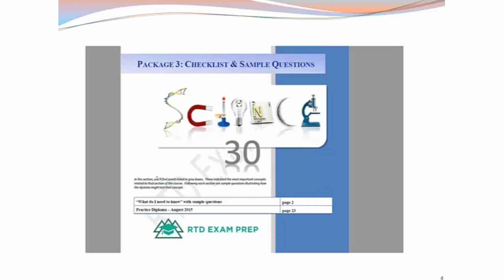So the checklist, the sample questions, and the practice diploma from package 3 is for your additional practice, and I highly encourage you to do all questions in that booklet to best prepare yourself for the diploma.